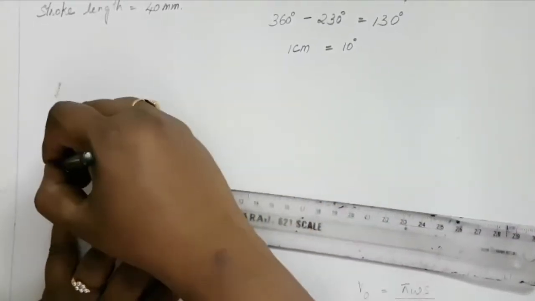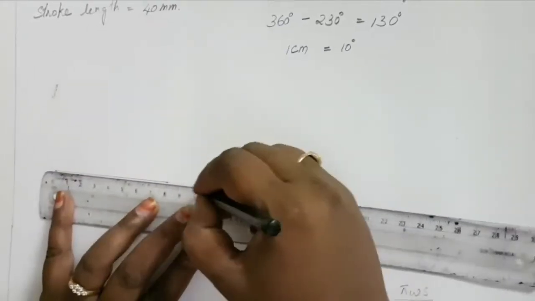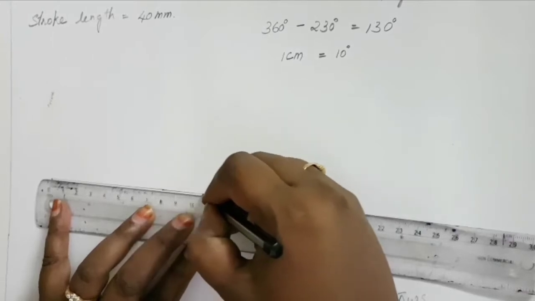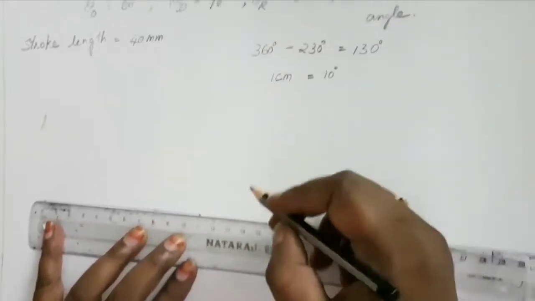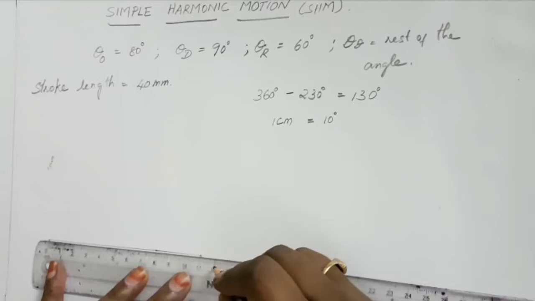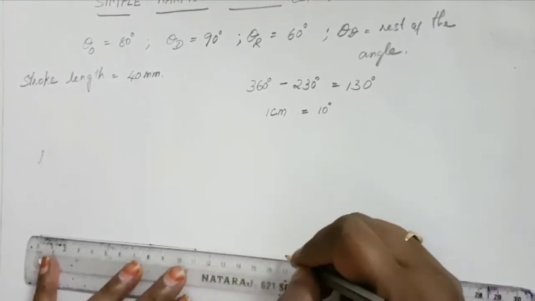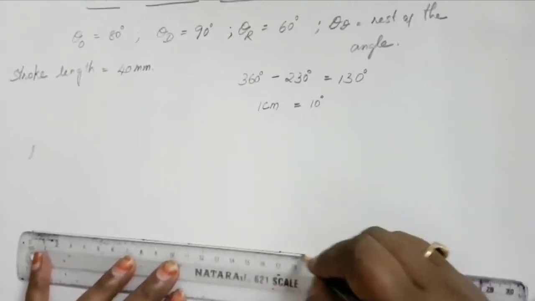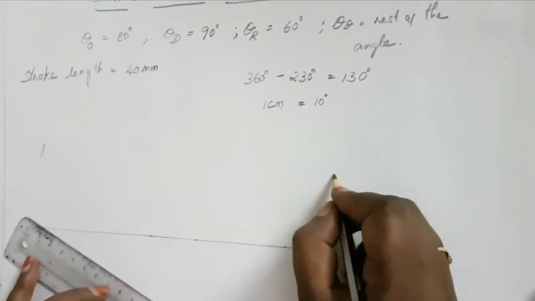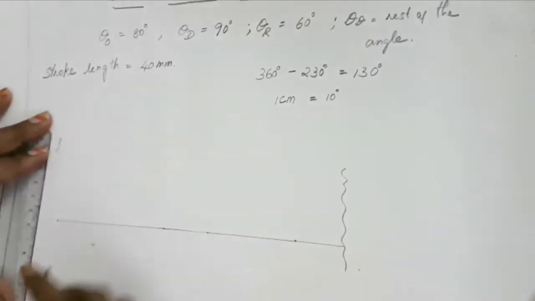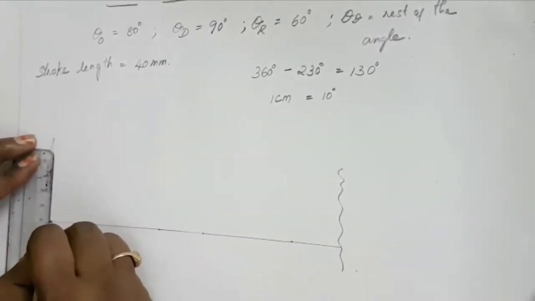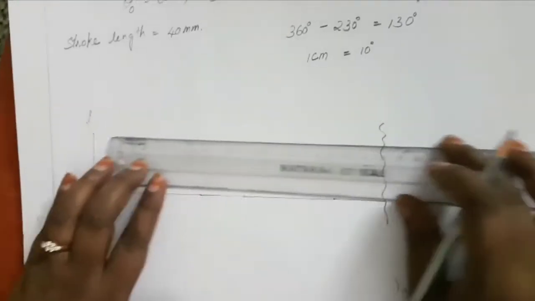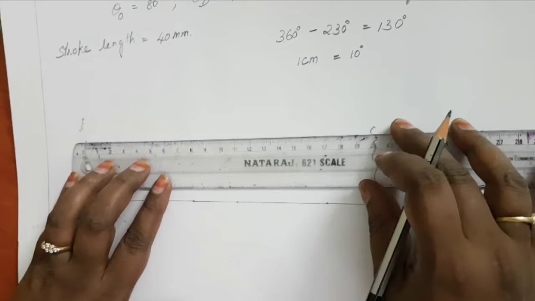Simply break this length and take 2 mm or 3 mm, no problem, to reduce your displacement diagram. Later, represent the 60 degrees in a proper way, 1 2 3 4 5 6, so totally 60 mm. Then give the breakup line to complete this dwell. Now the stroke length is 40 mm, so draw this 40 mm line and complete the total diagram.